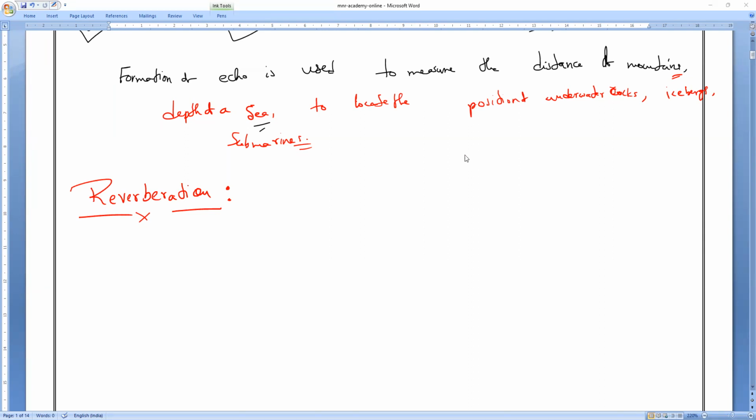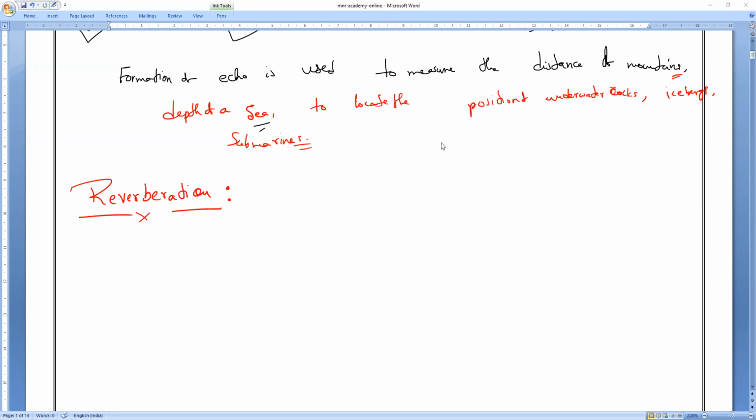When a strong sound is made in a big hall, let me consider a big auditorium, like a concert hall where stage performances are given, it gets reflected from the wall, roof, floor, every part of the hall, and a number of echoes are formed. These echoes overlap with the original sound and the sound persists for a long time.